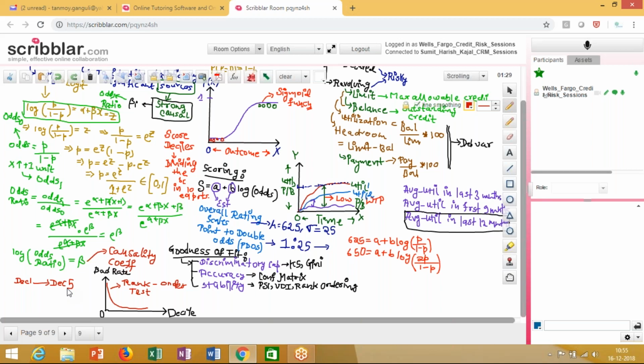But otherwise, it does not work that way. Otherwise, what you need to ensure is that your rank ordering test gets satisfied. However, there can be minor breaks in rank ordering. Say in one decile you see your bad rate is 4.58, and in another you see it's 4.55. Then that's a minor break. So the percentage of the break is something which should also be checked.